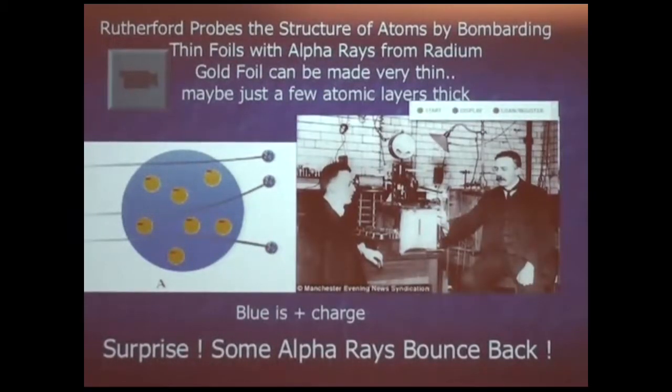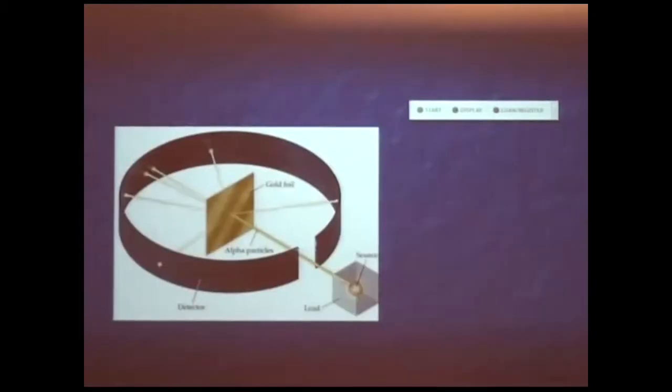This is Rutherford and his colleague Marsden, I think, who was doing this experiment. What he was expecting to happen is that these alpha particles would go mostly straight through. A lot of his students were doing experiments; Marsden was one of them.